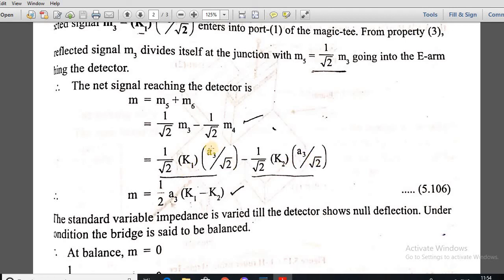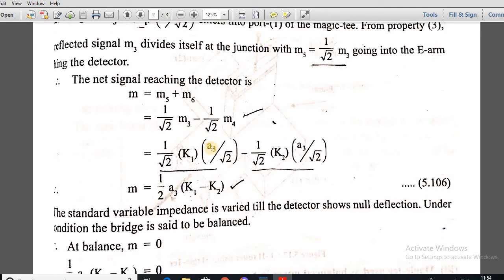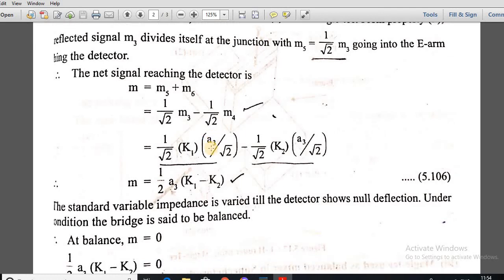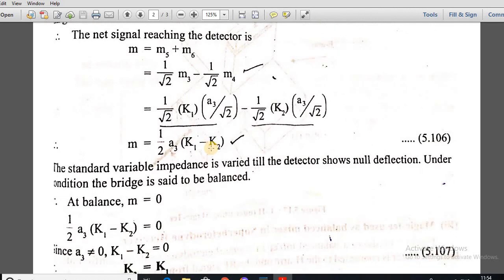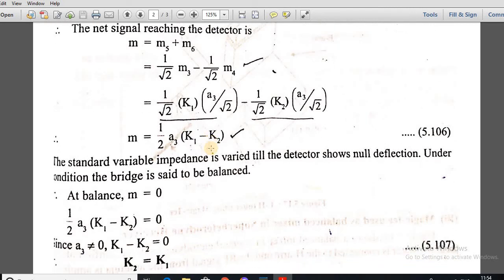So when we solve, we can write M is equal to 1 by 2 A3 whole into K1 minus K2. So root 2 into root 2 gives us 2 over here, 1 by 2 A3.